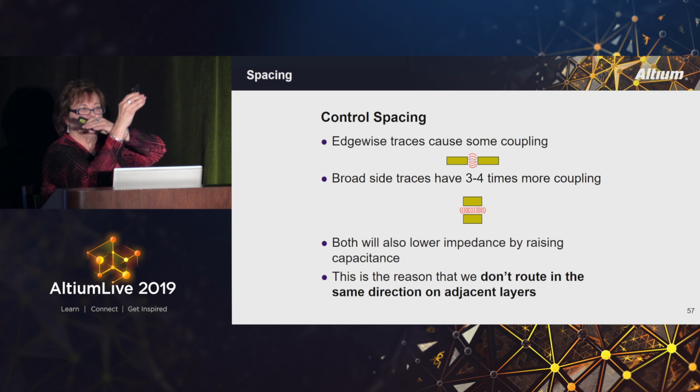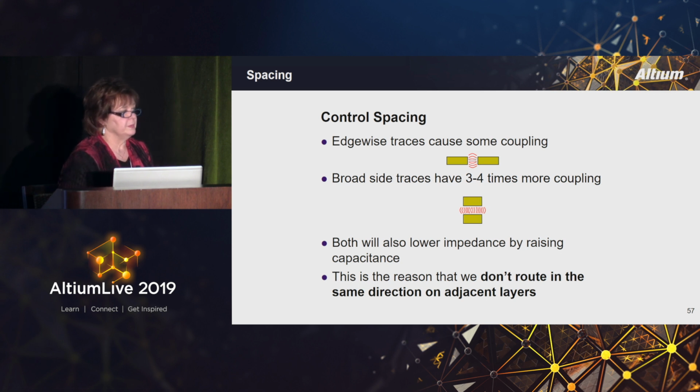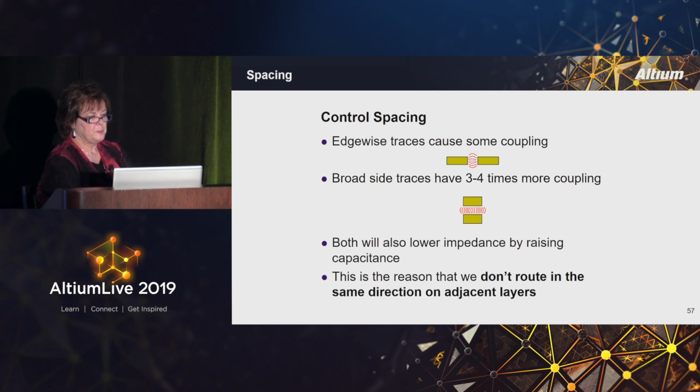And that's why I was saying have the crossing of the signals in your board as you're routing be as small as possible, because you don't want them to do this when they're crossing over one another. This is why we don't route the same direction on two different signal layers that are next to each other. And they will both have lower impedance because the capacitance will be raised.